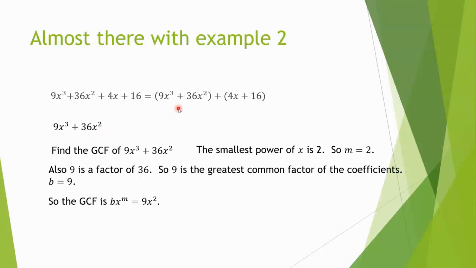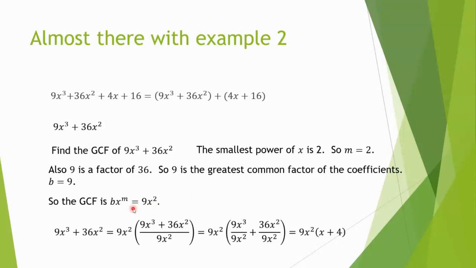So from the first group, we're going to factor out this. And how do you factor out? Same old story. You put it in front, and you divide to figure out what's left over.